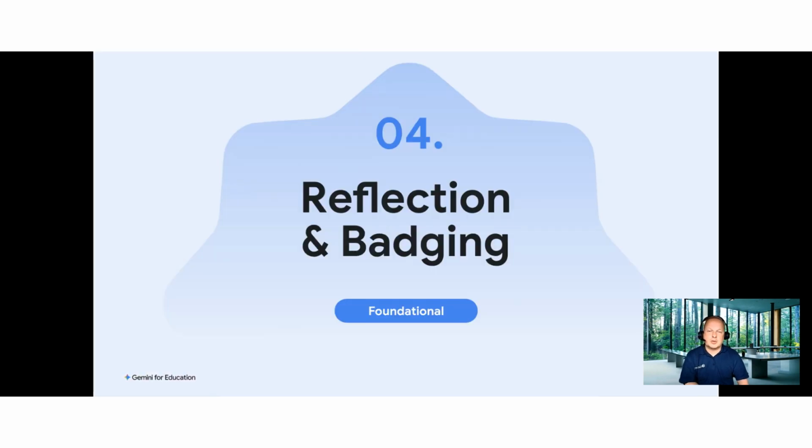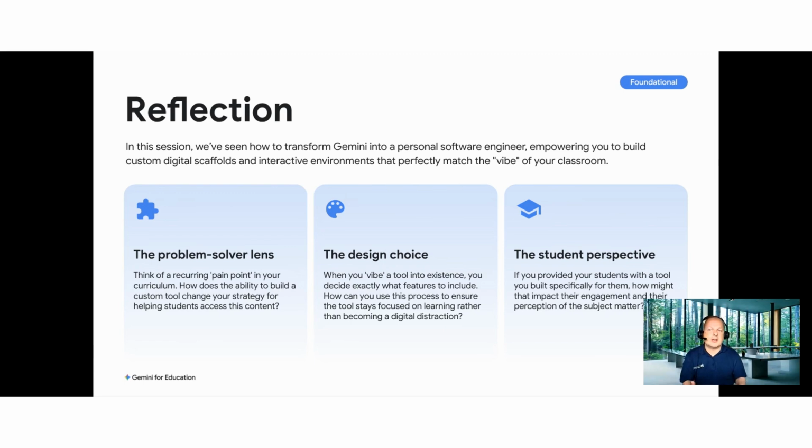So hopefully you managed to build something really useful for your class and for your students. So what have we learnt in this section so far? We've seen, haven't we, how we can transform Gemini into our own personal software engineer. Really, what we're trying to do is just solve those problems to student learning. And by vibe coding something with the aid of Gemini, we can really do that.